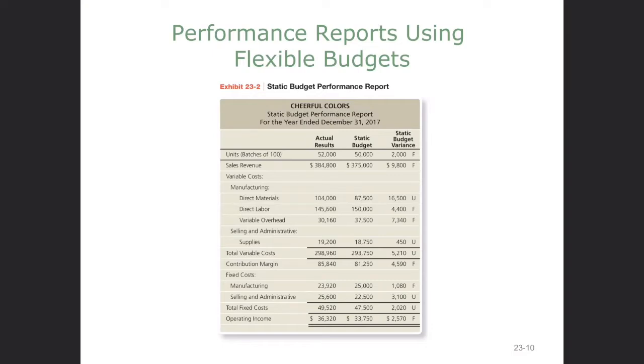Therefore, we have an unfavorable variance, and the variance is $450. The $19,200 minus $18,750 gives us $450, which is our static budget variance. And because actual was higher than what we budgeted for supplies, it's unfavorable.